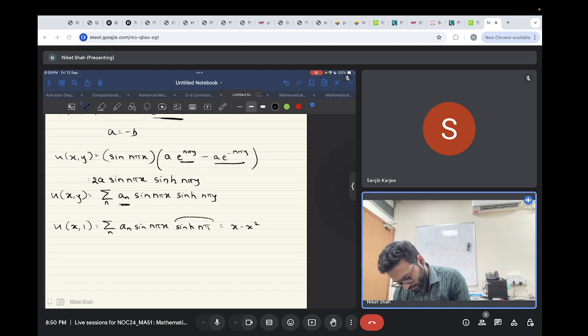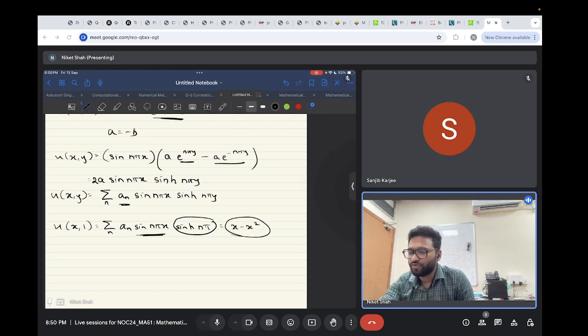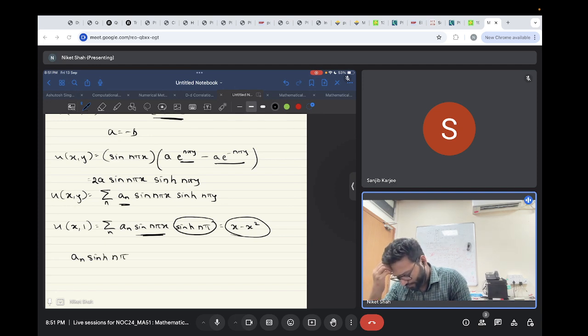This sinh(n pi) is a constant. This Fourier sine series should give me the function on the right hand side. So we know exactly how to go about solving this. These coefficients are given by, a_n sinh(n pi), this entire thing is the coefficient. How do we get the coefficient?